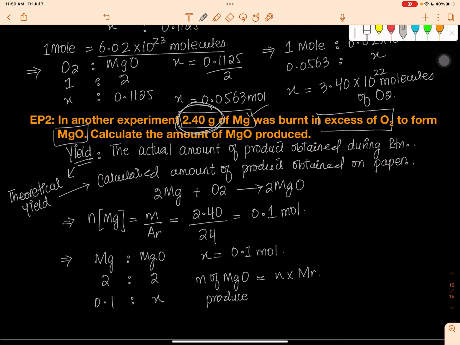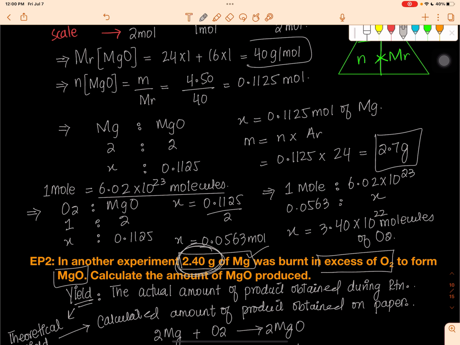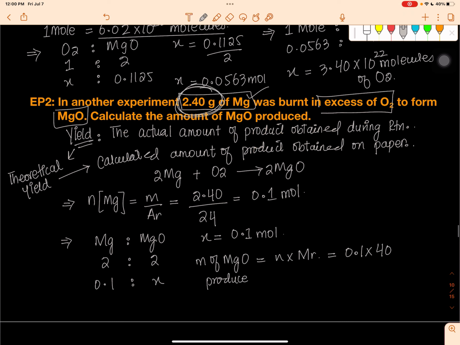So this is equal to 0.1 times MR, which is 40. We have calculated this previously, you see. So 40 grams per mole. This is equal to 4 grams.